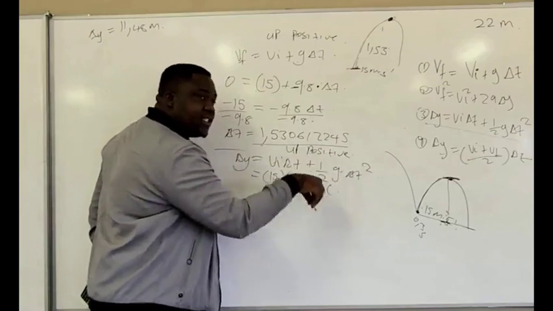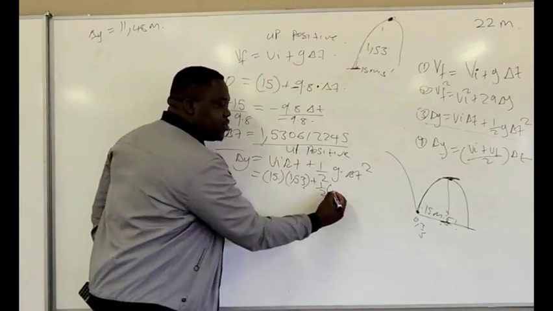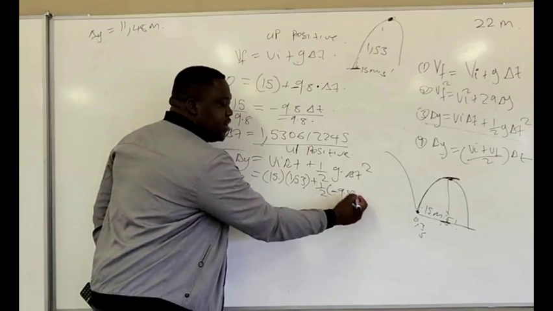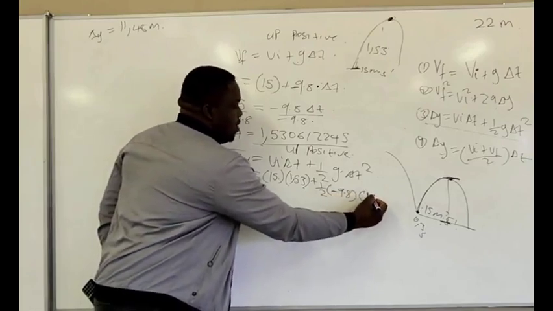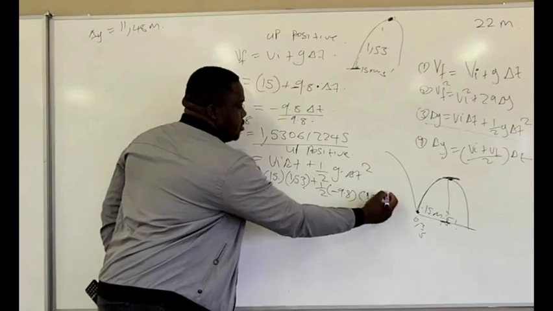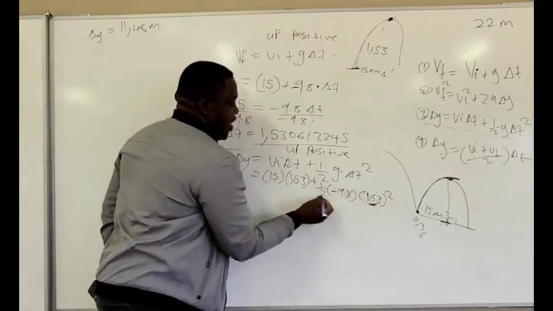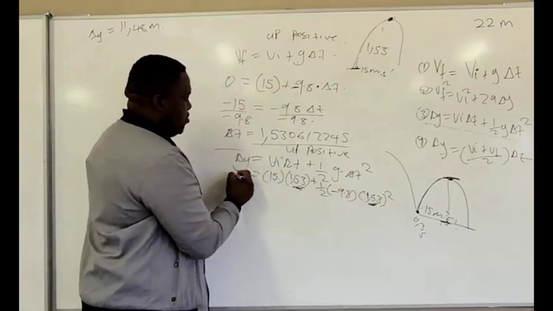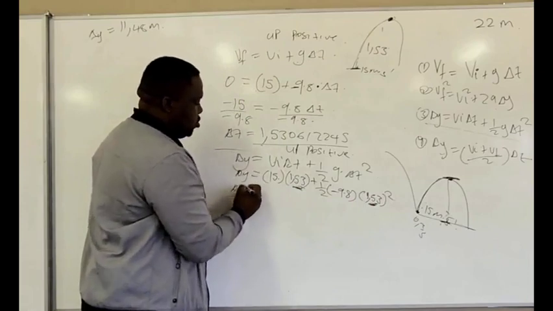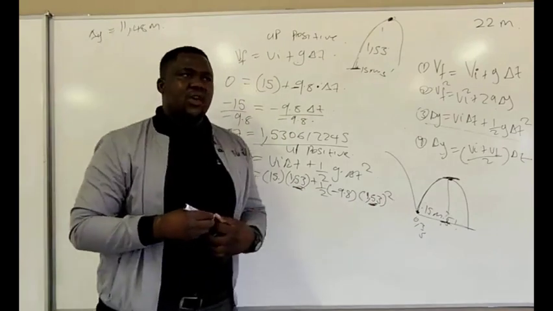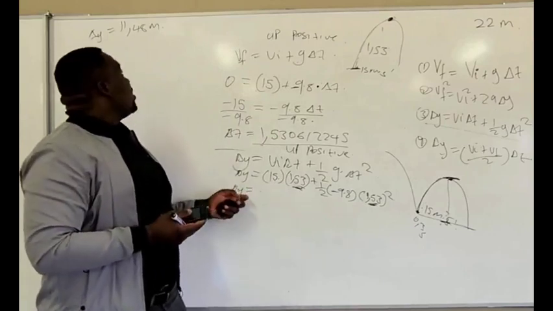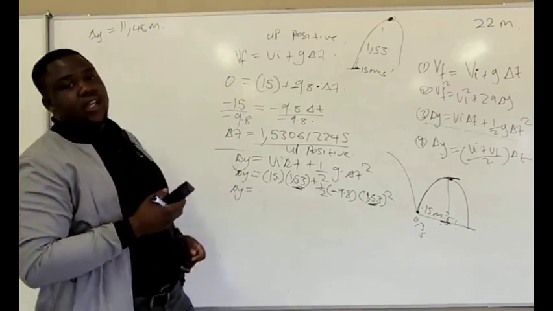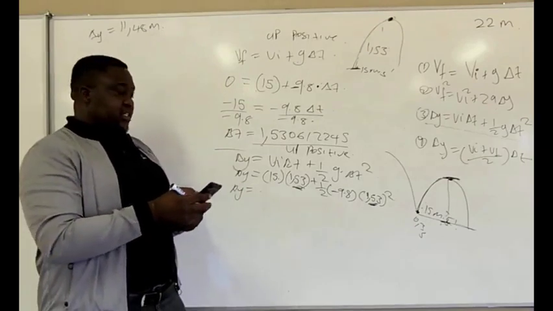Then the gravitational acceleration is going downward, meaning it will be negative 9.8. Then the time is 1.53 squared. This time, you punch everything, do not omit any number because you do not round off before you reach the final answer. Let us see what we get. This answer must be 11.48 if what we did is correct.